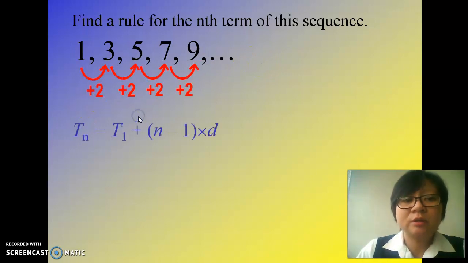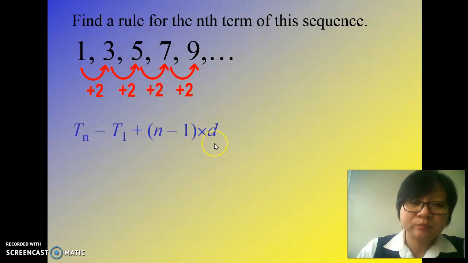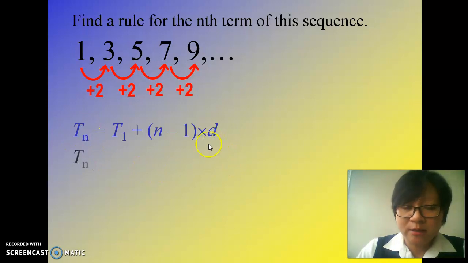Then you can use the nth term formula for the arithmetic sequence. But no need to replace the n. So keep the n. And then the value of the first term is 1. And then no need to change the n. And then times 2. You need to expand the brackets.